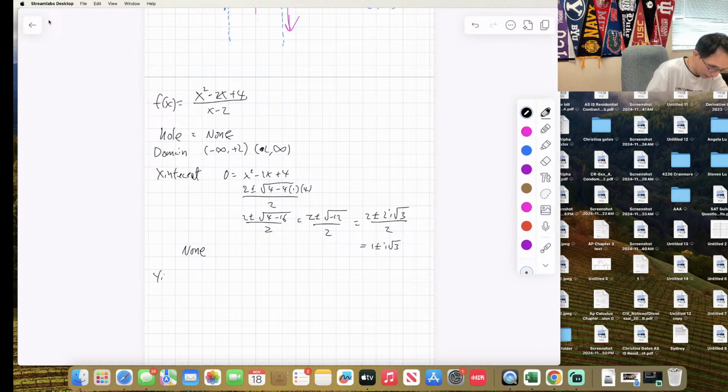How do I find the y-intercept? x equal to 0. So what would it be here? 0, negative 2, because you plug in 0 squared minus 2 times 0 plus 4 over 0 minus 2. So it'd be 4 over negative 2, which is negative 2, which is (0, negative 2).